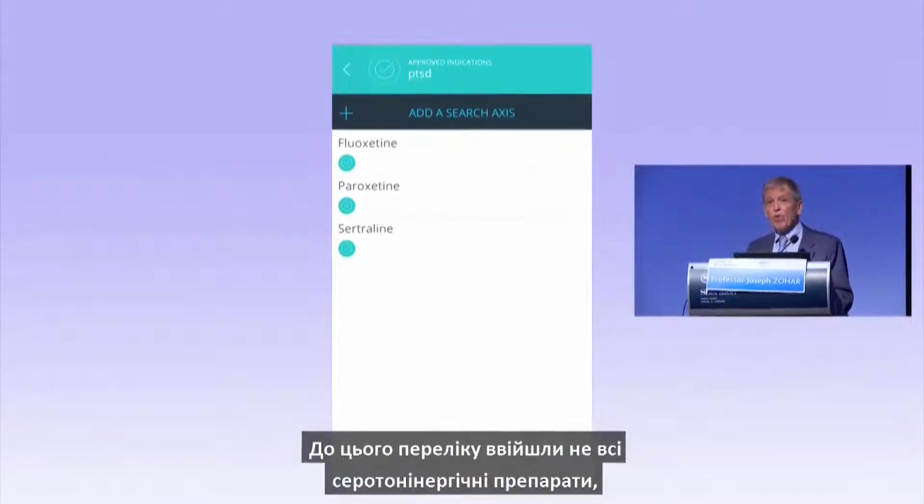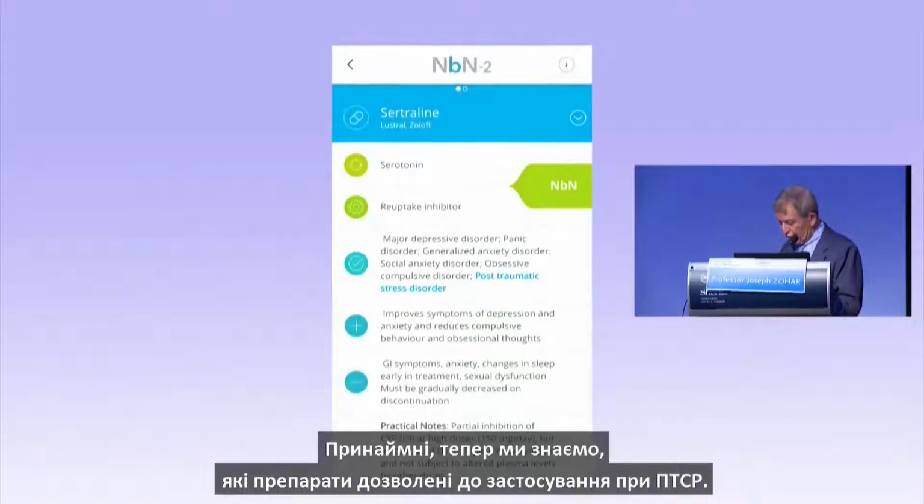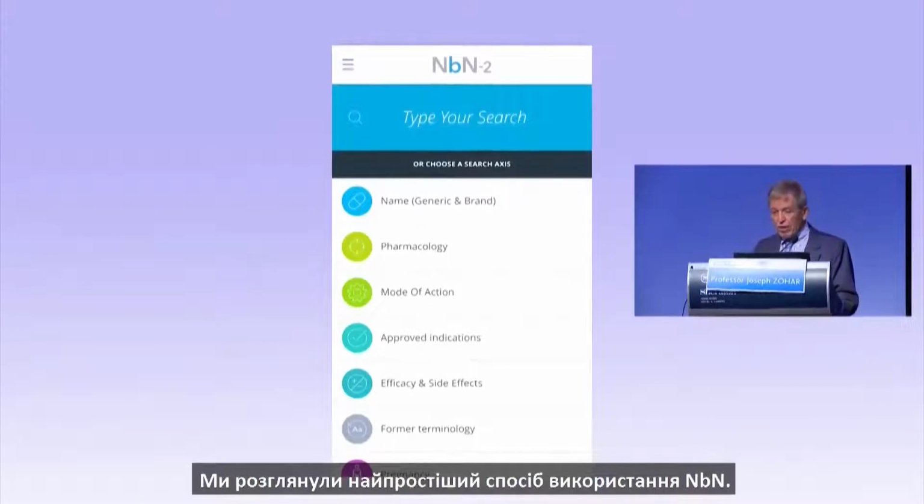Again, it doesn't include all the serotonergic medication, because only some of the pharmaceutical companies did studies in PTSD, but at least you know which medication is approved or not approved. So you can play with this. This is a very basic way to use NbN.